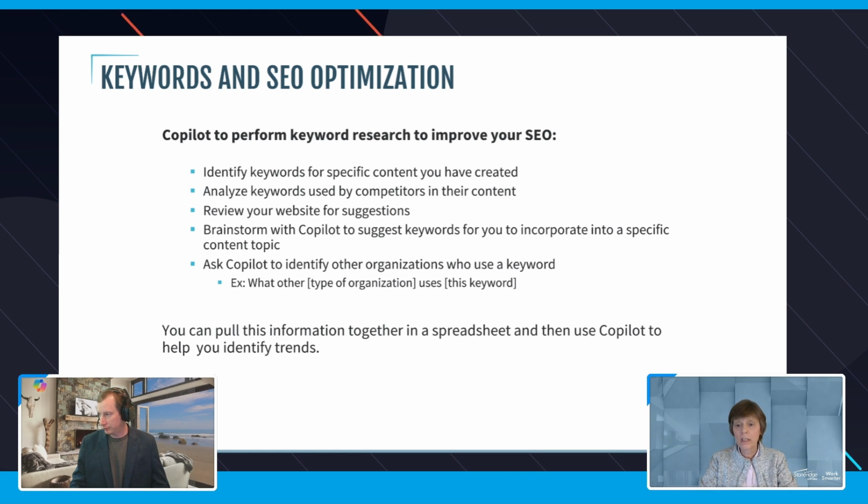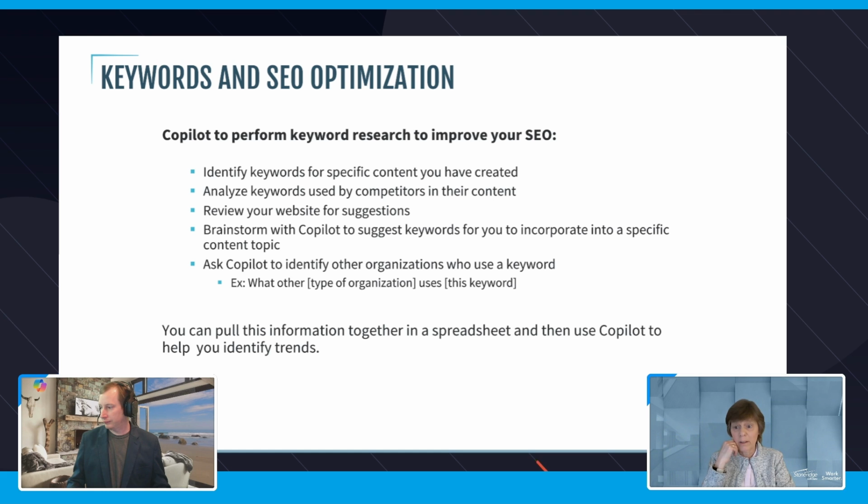You'd be amazed to see keywords that Copilot will bring up that you actually don't have in your document. And it's a trigger for you to go back and say, oh, let me add those keywords. Copilot feels these keywords are important to this subject matter because it has crawled the web. It has looked at different things. Let me incorporate that. Let me look up what my competitors are using.